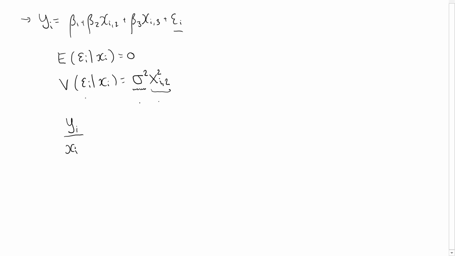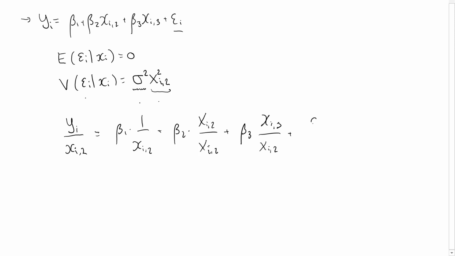So I do yi over xi2 equal to beta 1 over xi2 plus beta 2 xi2 over xi2 plus beta 3 xi3 over xi2 plus epsilon i over xi2.